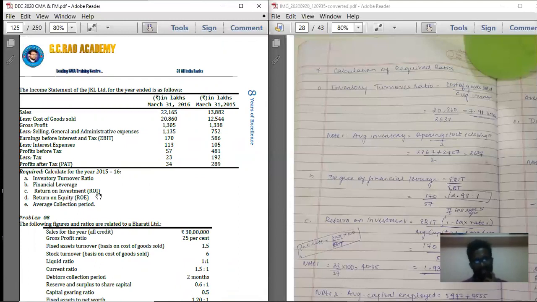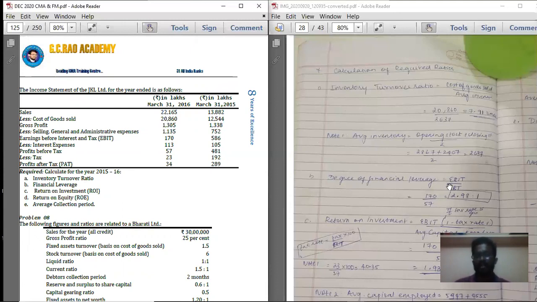Degree of financial leverage. The formula for degree of financial leverage is EBIT divided by EBT. Take the note in your study note itself. That is point number B, degree of financial leverage.